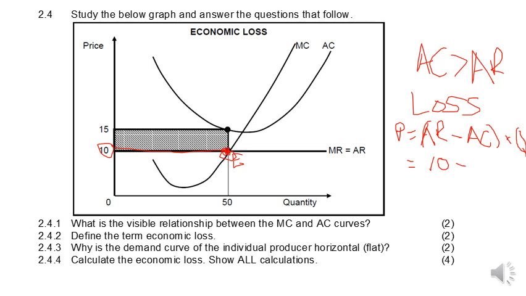To find our average cost, we look at equilibrium, draw a dotted line up to the average cost curve. At this point, we read across, so our average cost is 15. 10 minus 15 multiplied by your equilibrium quantity. Your equilibrium quantity is what we read off the x-axis, which is 50.